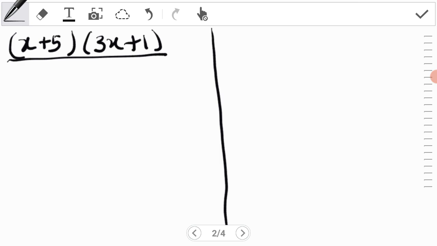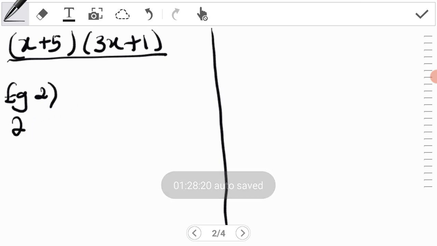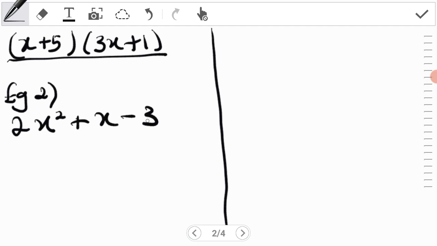Okay, let's take another example to make you understand this really. Say this is example 2. So we have 2x squared plus x minus 3. Now we look for numbers that when we multiply will give us the value when you multiply this and this, and when you add, give you this, which is 1, the coefficient of x.